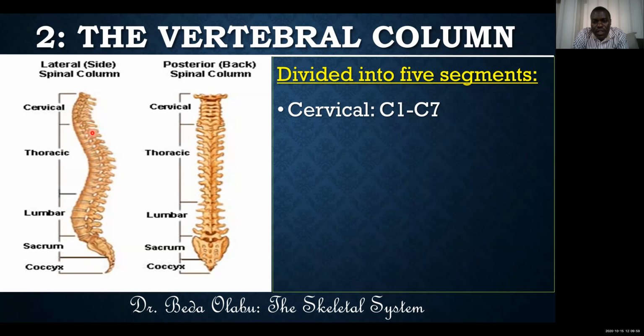The cervical segment is a segment within the neck, has 7 cervical vertebrae. We name them as C1, C2, C3, up to C7. The term C here refers to cervical.